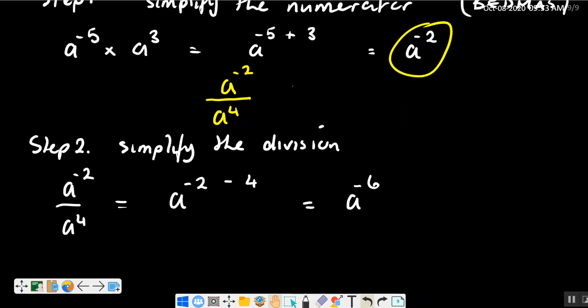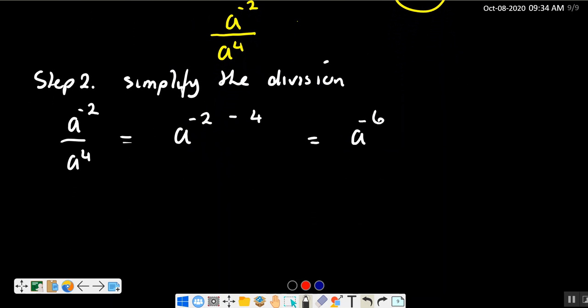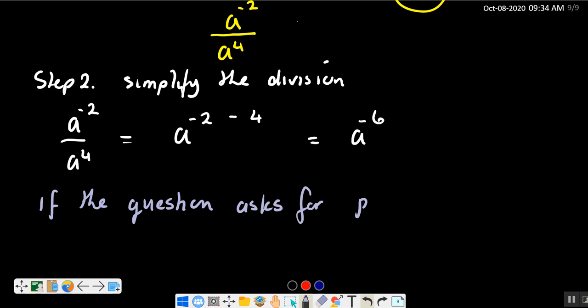But let's say the question asks for positive exponents only, then this is not quite right.